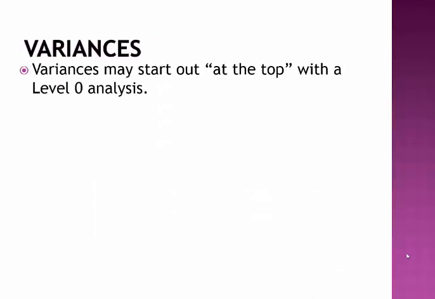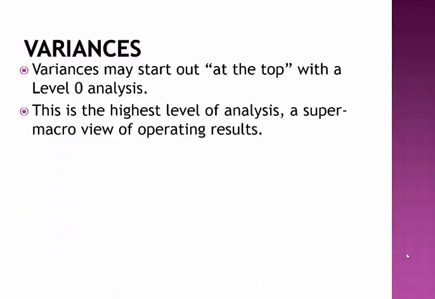All right, so variances may start out at the very, very top with what's called a level 0 analysis, and we can dive in farther and farther and ask questions. How did we arrive at these variances? All right, because there may be people that we need to talk to so that we can try to head this stuff off as soon as possible using that management by exception.